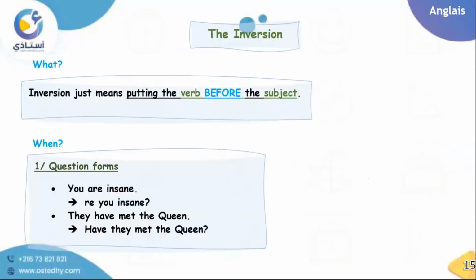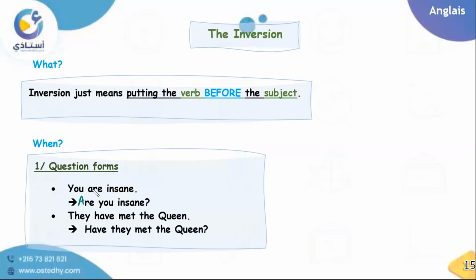And now, when do we use inversion? We use inversion with, first of all, questions, right? We don't say you are insane because this is a sentence. With the questions, we say, are you insane?